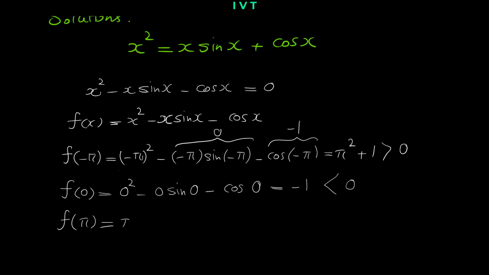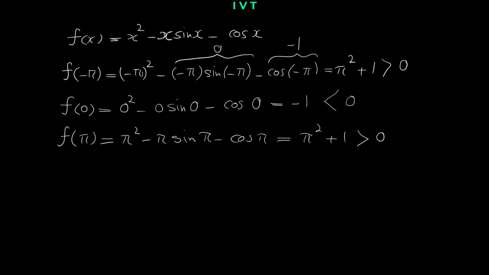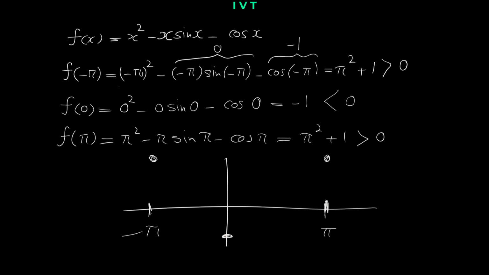What about f of pi? It would be similar, pi to the 2 minus pi sine pi minus cosine pi, and it equals pi to the 2 plus 1. It is also positive. Now look at this. We have a function that at point 0 it is negative. At pi it is positive, and at negative pi it also has a positive value.